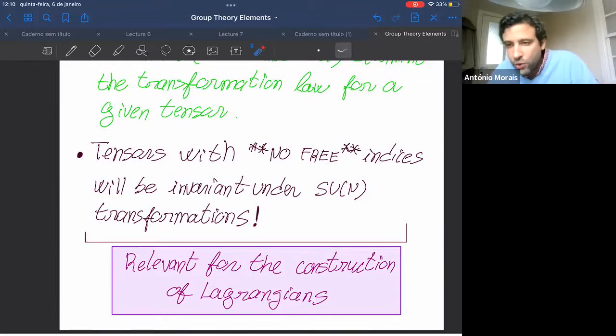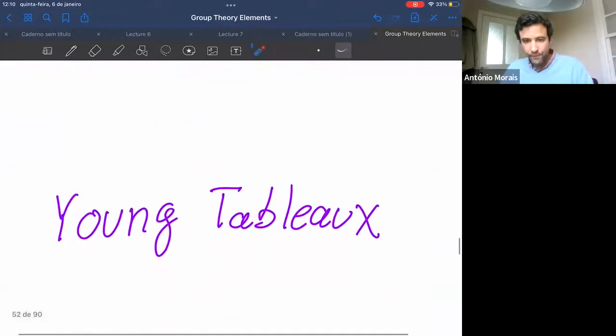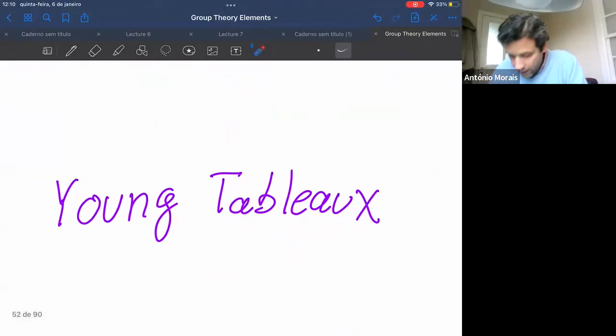Of course, for SU2, you don't need this approach. It's easy. Even SU3, for the lower representations, it's fine. But if you start wanting to have bigger representations, you would need to look into this prescription that we are going to introduce, which is the Young Tableau.